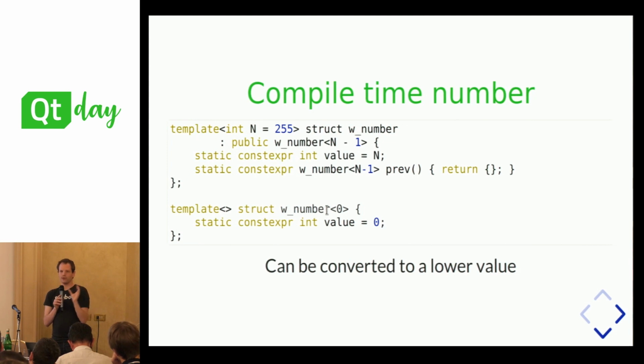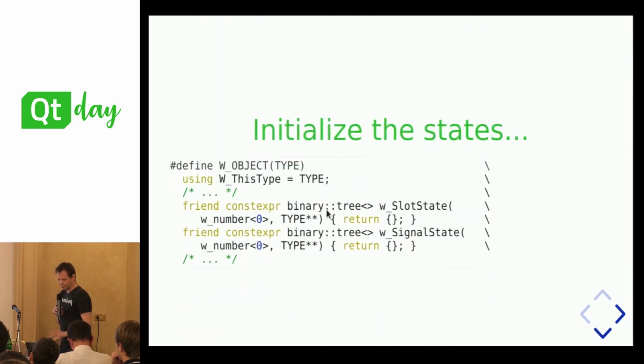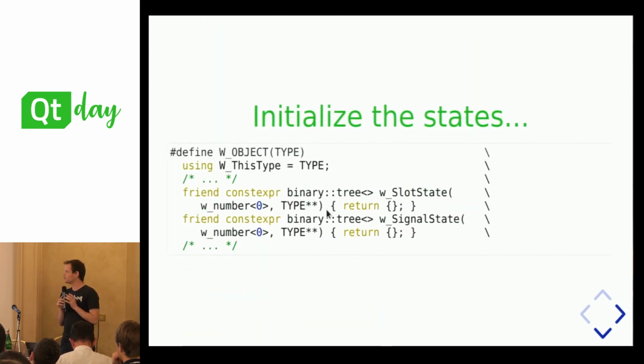So the number 255 can be converted to the number 254 or 253 until 0. And we're going to use that to build some state. We want to have a state that contains all the signals, all the slots, and so on of the class.